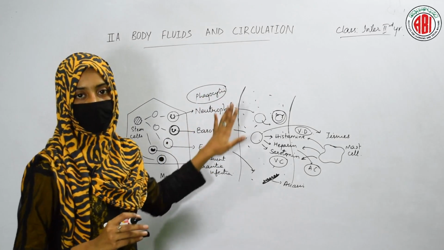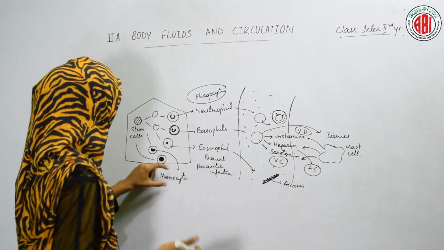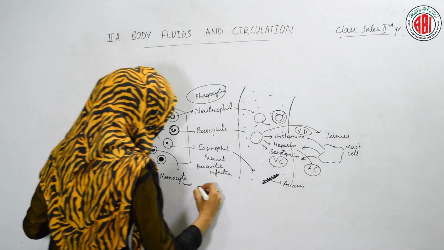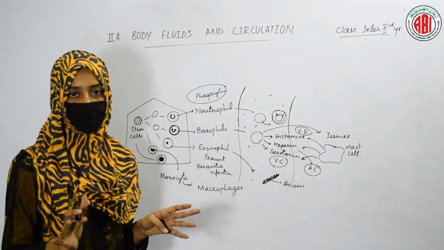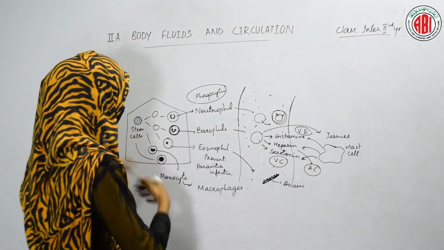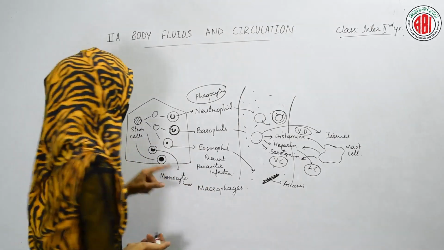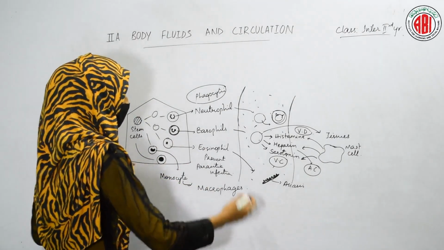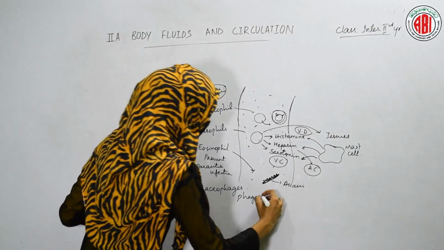Whenever any bacterial infection occurs in our body, these monocytes become macrophages. That means they become bigger in size, increase their diameter, and become more dangerous in order to kill that bacterial infection. These macrophages are also phagocytic in nature, like neutrophils.